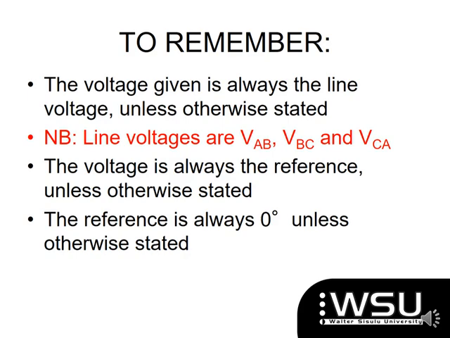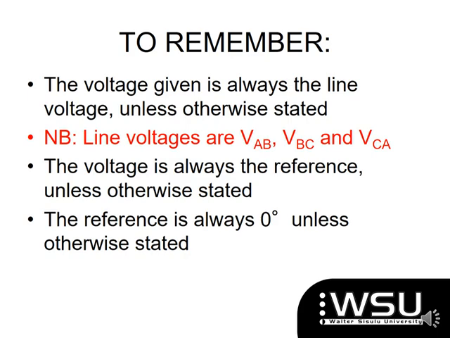Your line voltages will be between two lines. So it's irrespective if it's a delta connected system or a star connected system. If it's between two phases, not just a phase and a neutral, but between two phases, your line voltage will always have the two phases as part of the name. So it's VAB, VBC, or VCA.